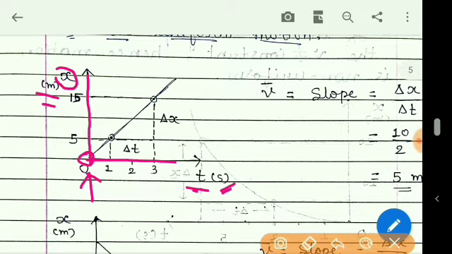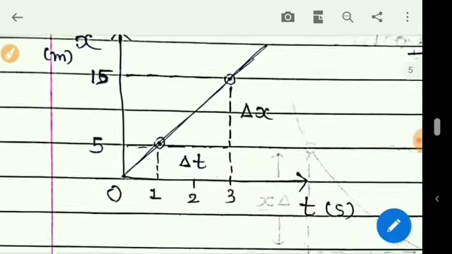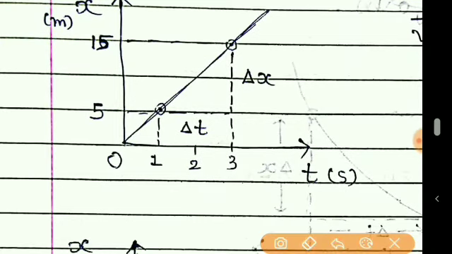So now it is clear from the figure that after 1 second, the particle is reached at 5 meter from the origin. Then after 3 seconds, the particle is reached at 15 meter on a straight path.